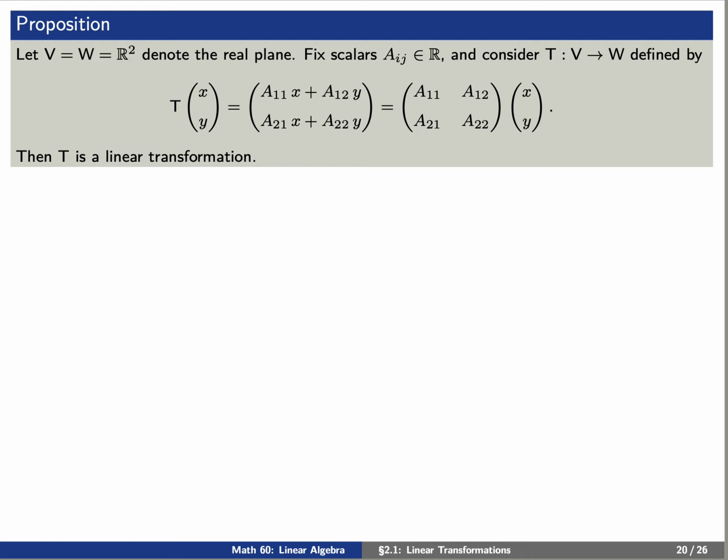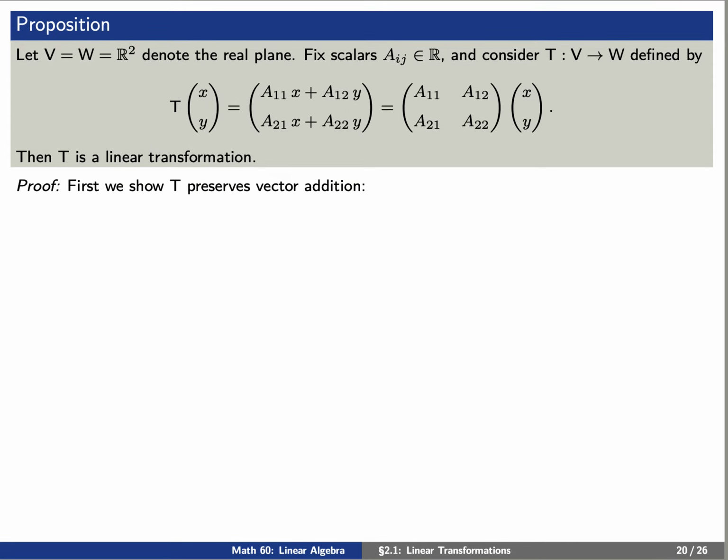This map T takes a vector x, y, and it sends it to the following two-dimensional vector: A11 x plus A12 y, A21 x plus A22 y. This 2-vector, we're going to write in a strange way. We'll write it as a 2 by 2 matrix times a two-dimensional vector x, y. This 2 by 2 matrix times this vector we've now defined as this two-dimensional vector. We claim that this T is a linear transformation.